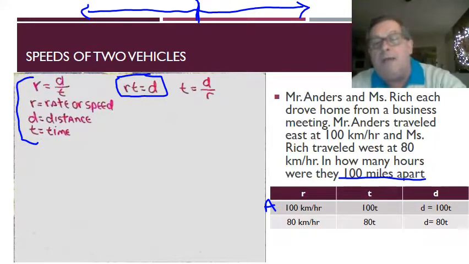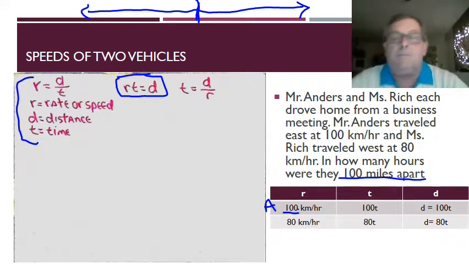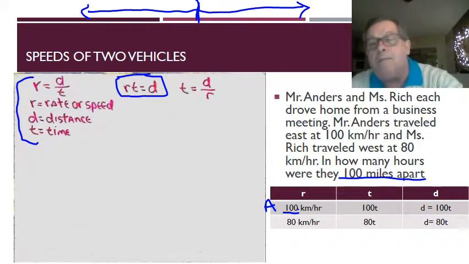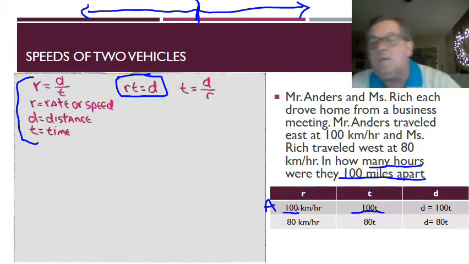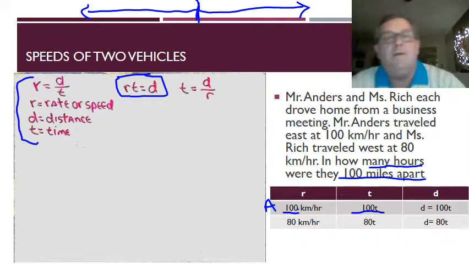And so I've got a rate, and I don't know the time. That's actually what I'm being asked to solve. But I've got a rate here. Rate times time is 100 t, and my distance, plugging it into this formula, for Mr. Anders is distance equals 100, the rate, times the time.